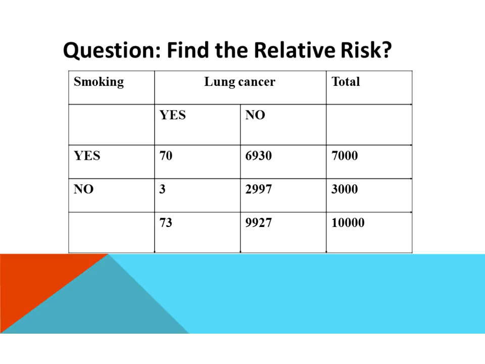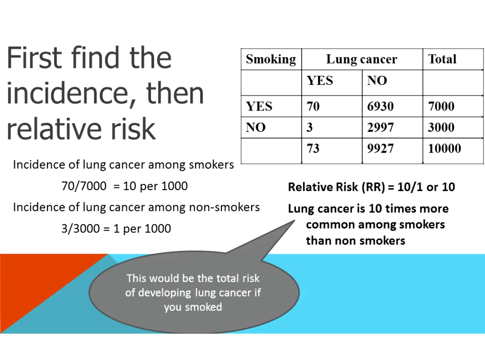So let's find the relative risk for this particular set of problems. First we need to find the incidence. The incidence of lung cancer among smokers is 70 divided by 7,000.